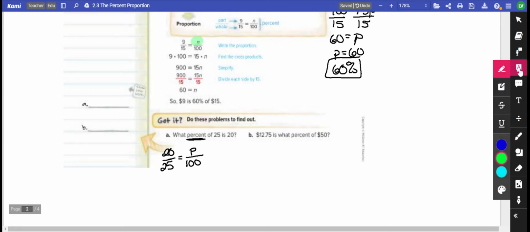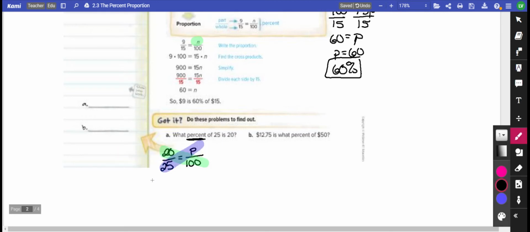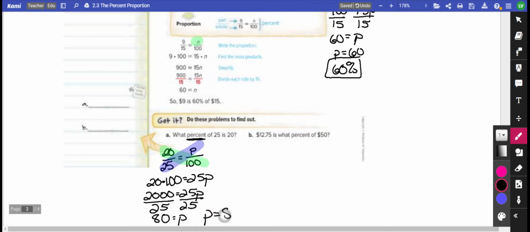Then I'm going to do my cross multiplying. 20 times 100 equals 25 times P. This is going to give me 2,000 equals 25P. I'm going to divide both sides by 25. That gives me 80 equals P. So my percent equals 80%.